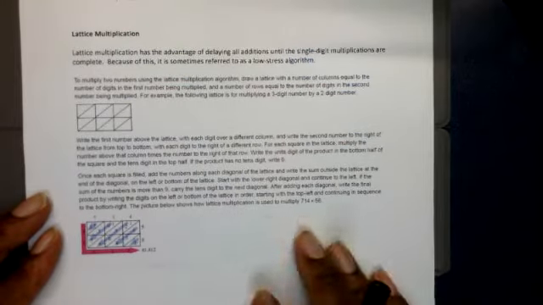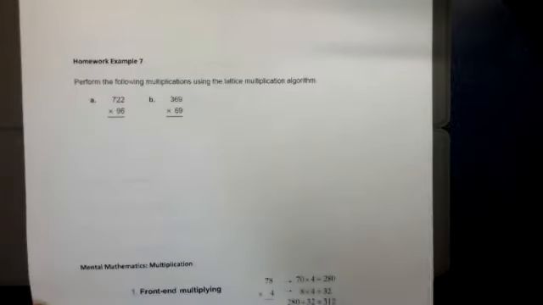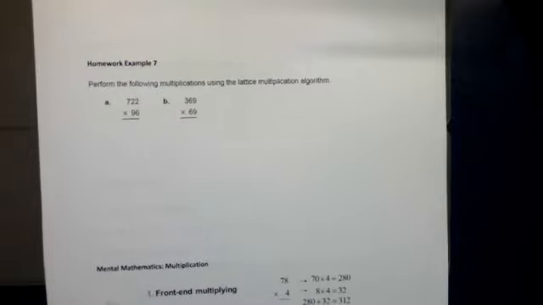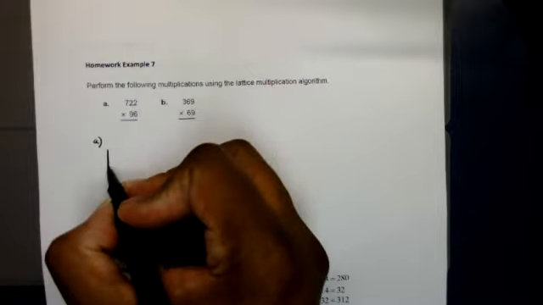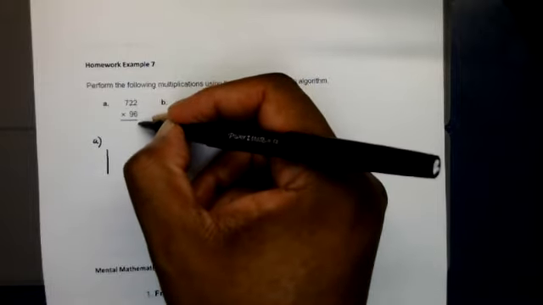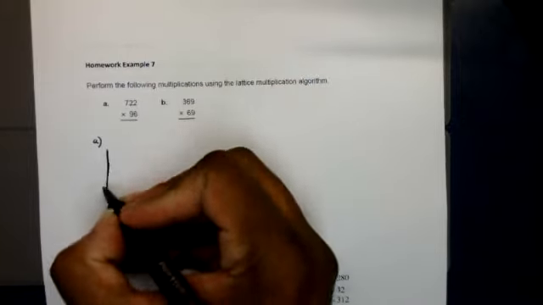But you know what? I'm going to do a couple of these examples, which is on the next page, using lattice multiplication. Now I'm going to start with 722 times 96. That's part A. Notice I have a 3-digit number multiplied by a 2-digit number.